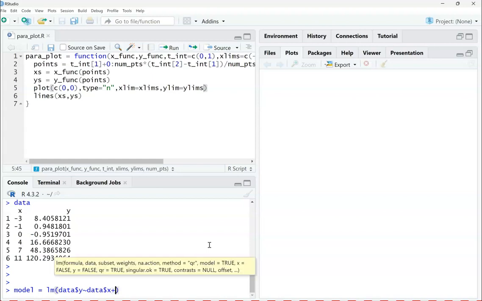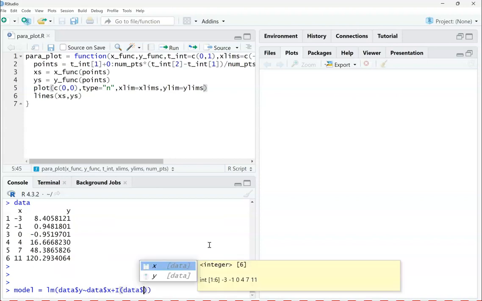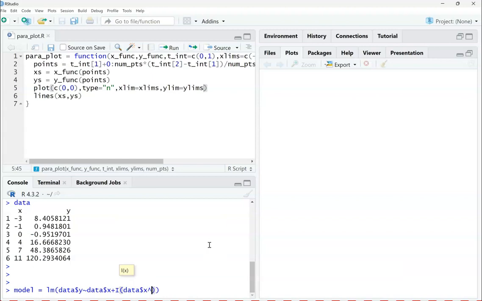So remember, anytime that you want to say, hey, also add an extra term as a function of that variable, you put that function in there. So in this case, we also want to consider the square of the x values. We put that in the I() command, so that we have a function of the data that we want.